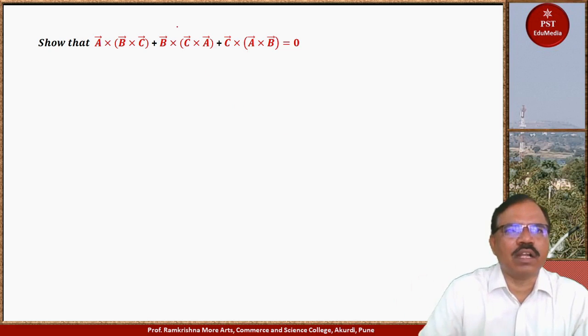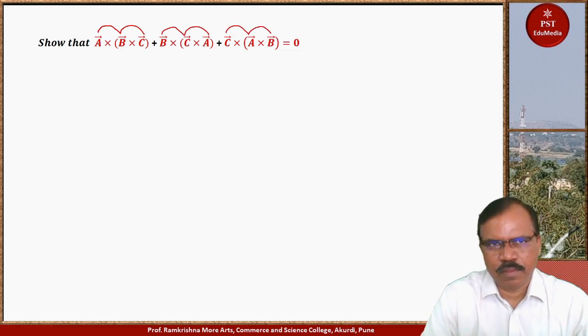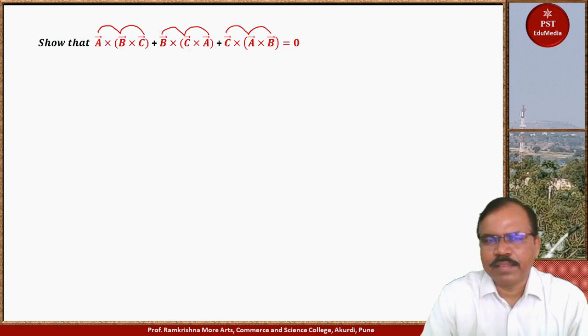The order is A, B, C, then B, C, A, then C, A, B. So it is a cyclic order. Take the cross products like this and add them. That will be 0.